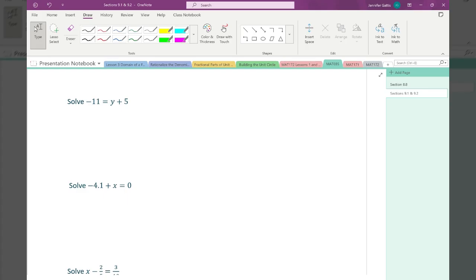All right. So this one, we have negative 11 equals y plus 5. Okay? So this is kind of turned around a little bit, but it's still the same thing.